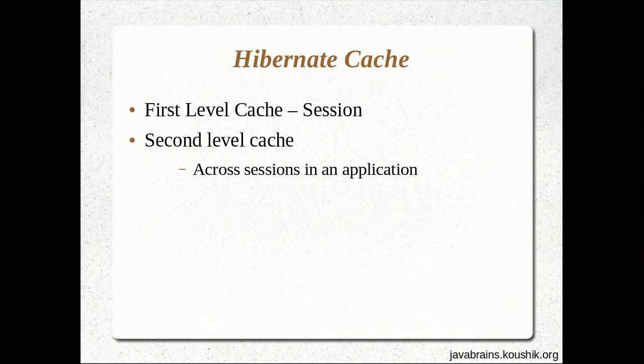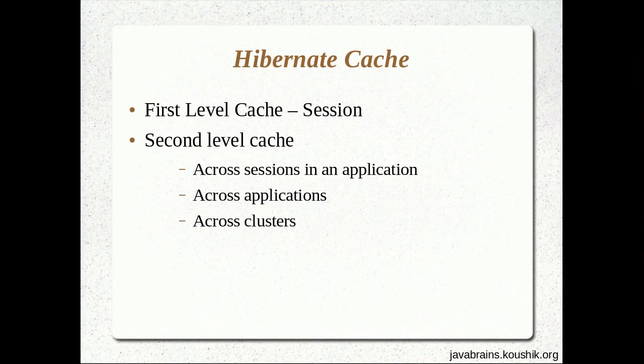So if it's not there in the first level of cache, it's likely that you'll find it in the second level of cache. Well, this is different sessions in a single application. You can have a cache across different applications if they're all using Hibernate and working on the same set of data. You might feel the need to have a cache that goes across applications. So it's like different sessions in different applications. This is again something that you can configure in Hibernate.